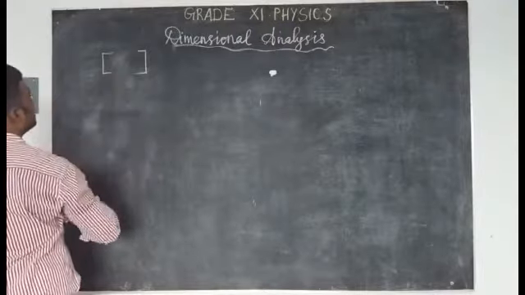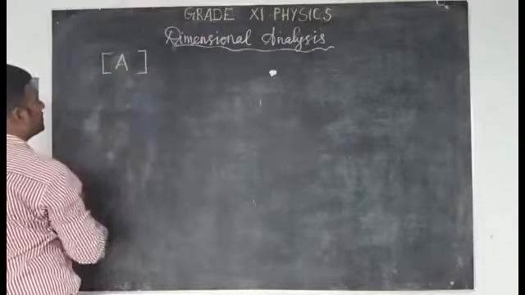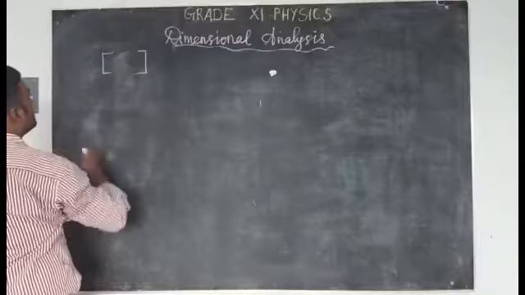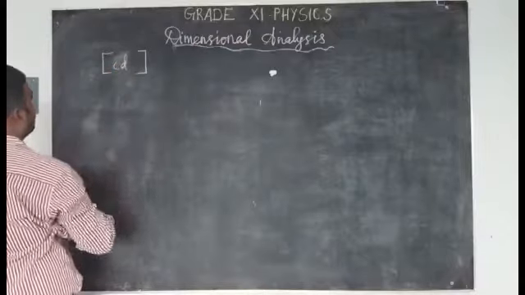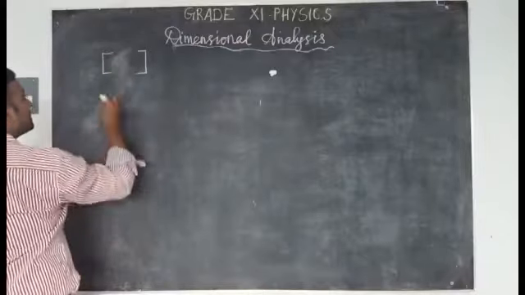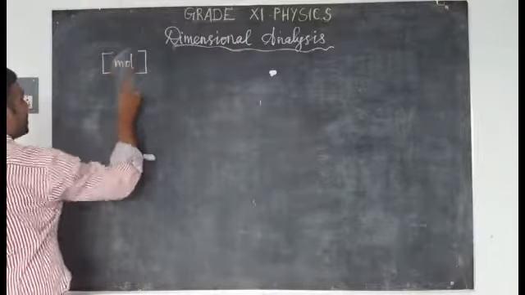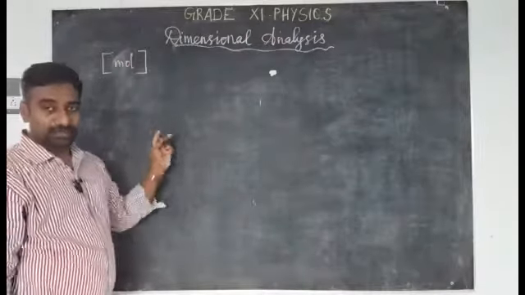Then electric current, it is ampere. Then luminous intensity, it is candela. Then amount of substance, it is mole. Okay. So these are the units of the 7 fundamental quantities.